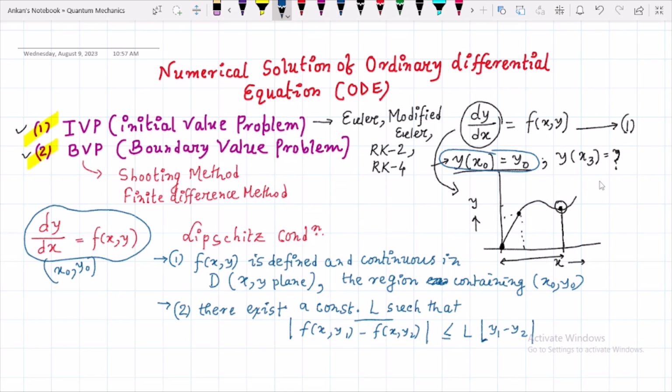Now the sequence of the solution can be obtained by some discretization of x within the domain.